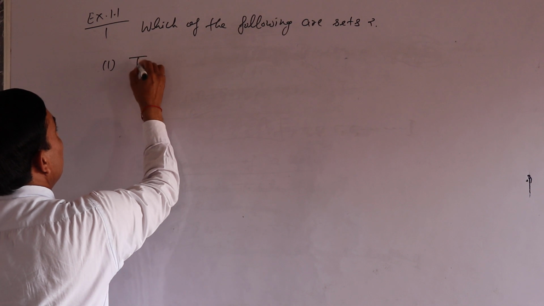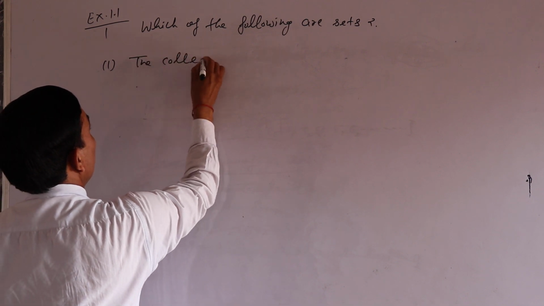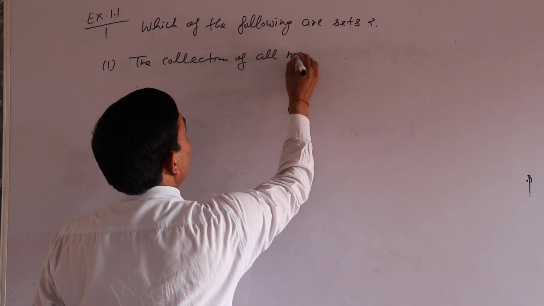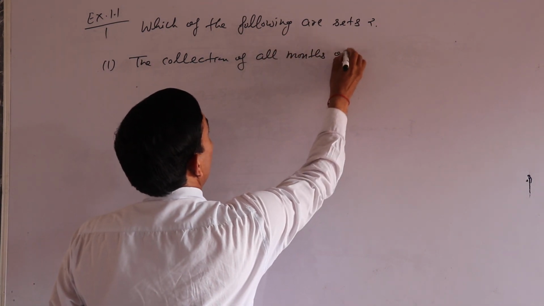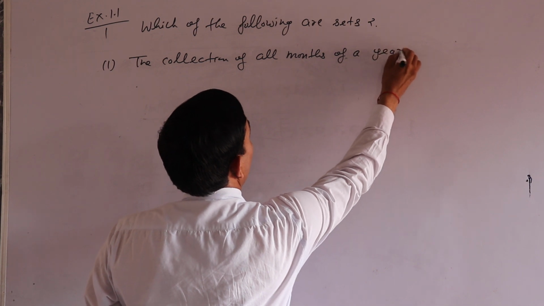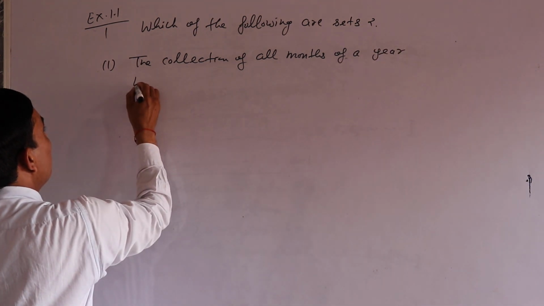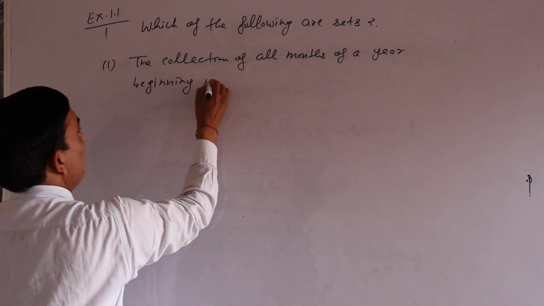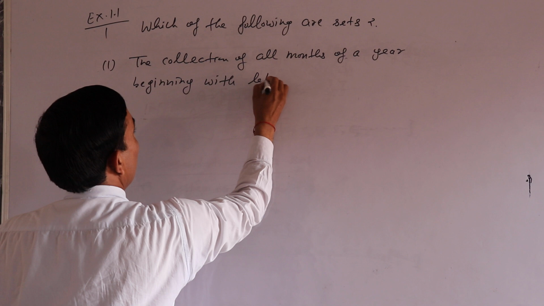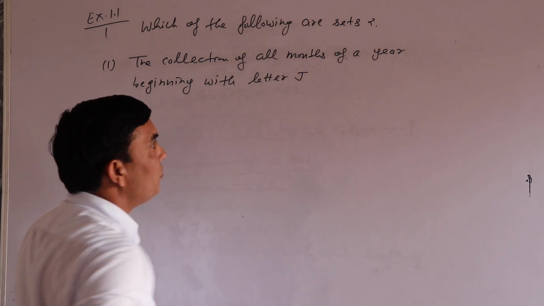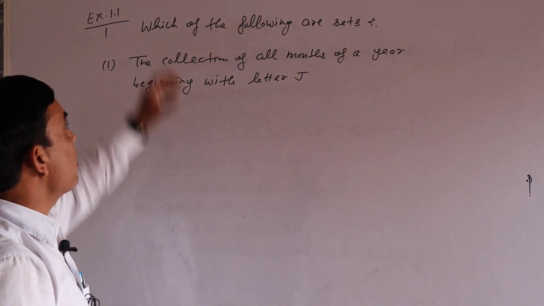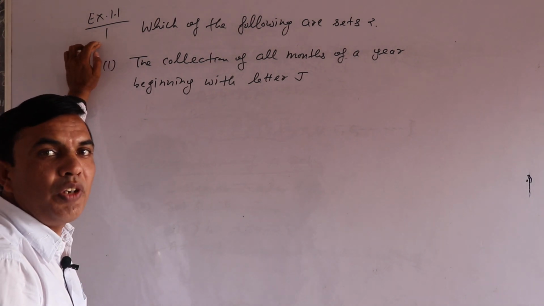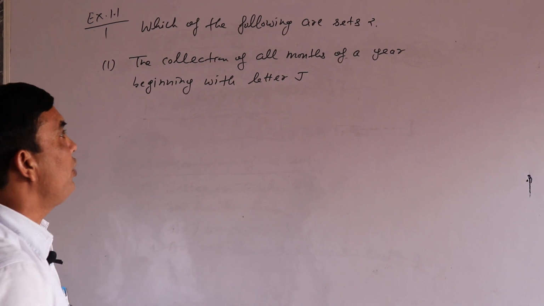First part is the collection of all months of a year beginning with letter J.